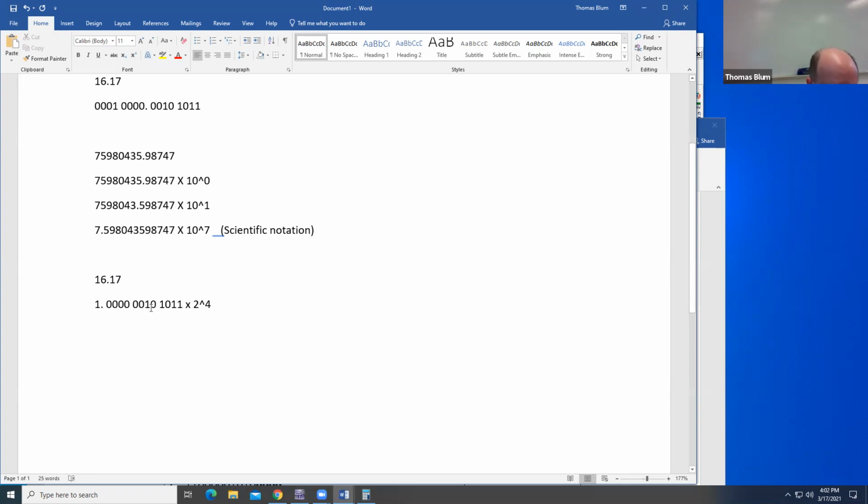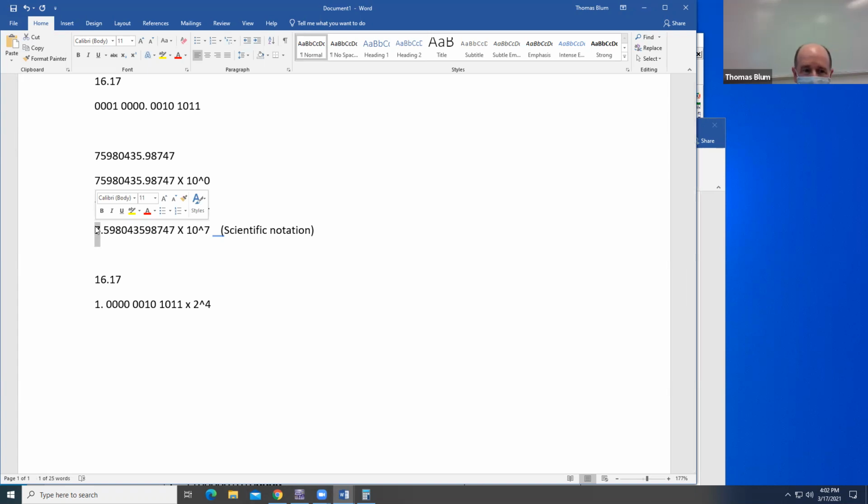Now we have here a power of 2, and we have here some number that multiplies that. One difference between binary and decimal in this game is that in scientific notation, this first digit can be anything other than 0.